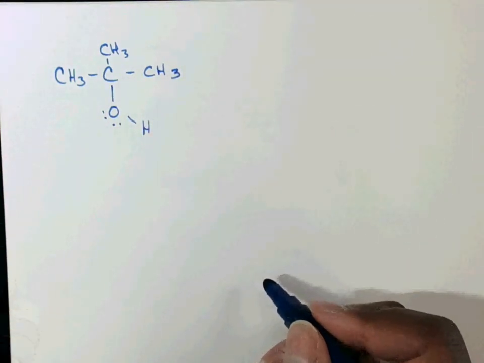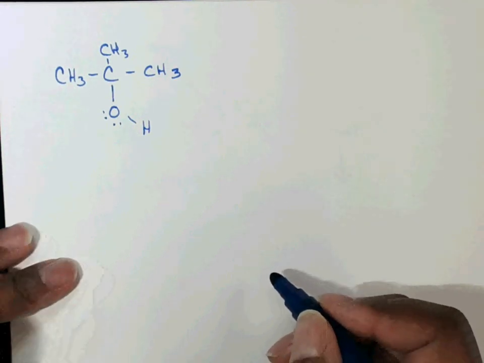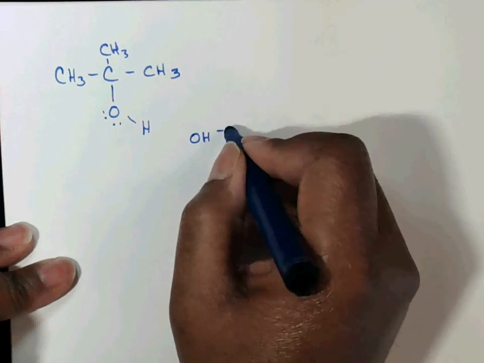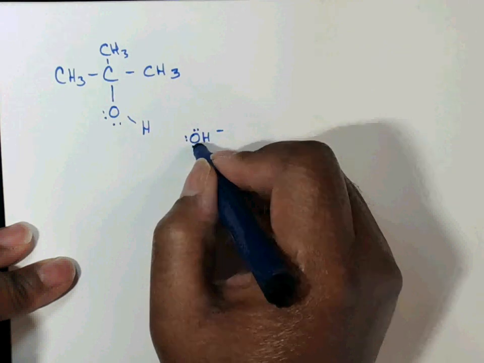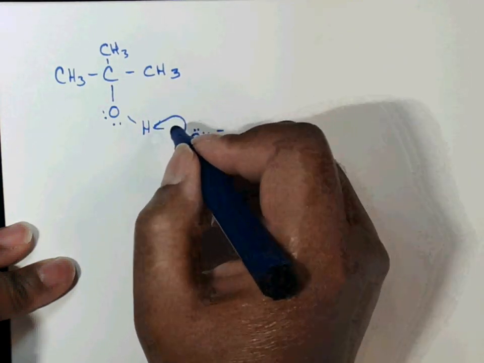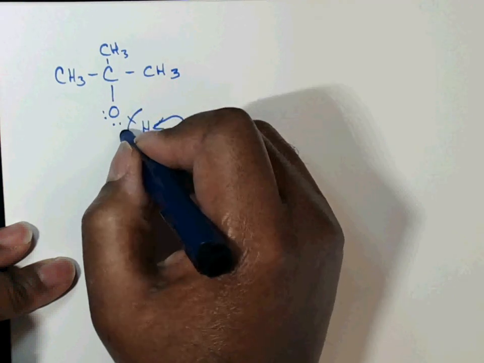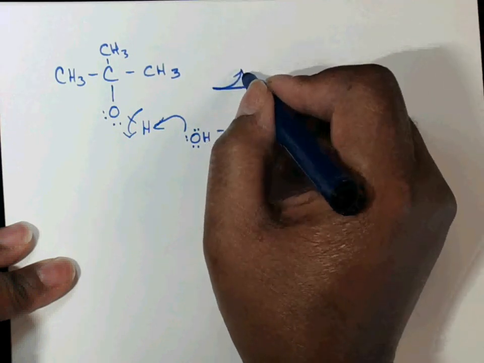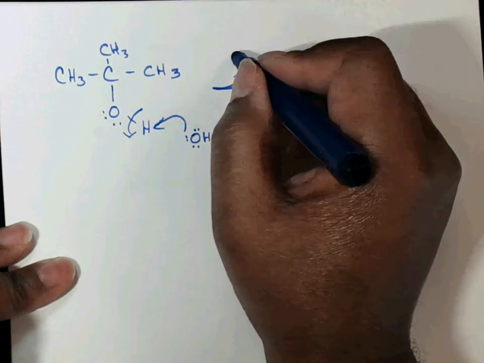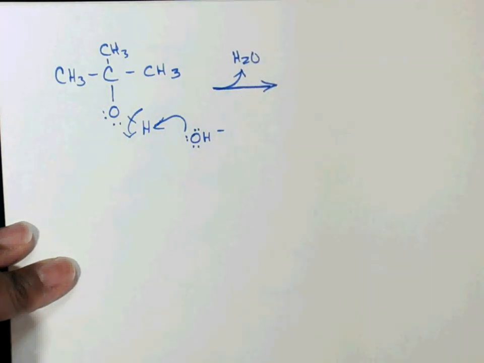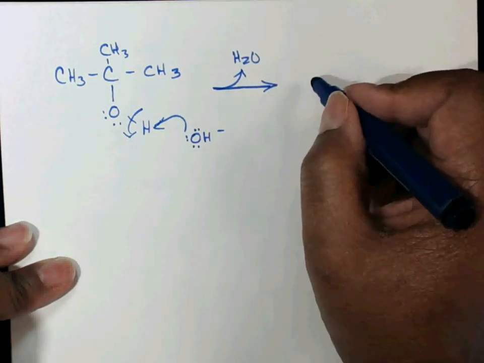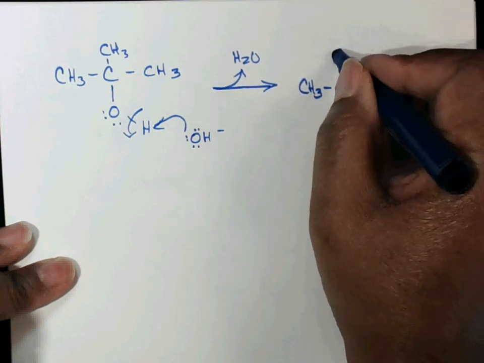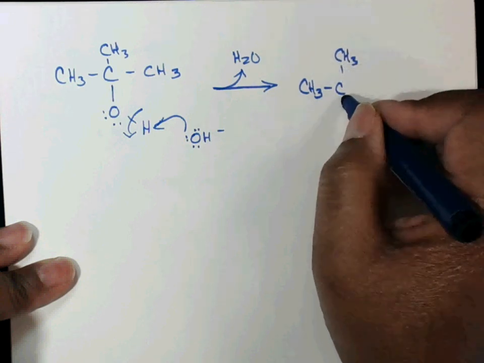Okay? So, we said that alcohol in the presence of a really strong base will take off that hydroxyl proton from the alcohol, will make water, and we will get an alkoxide.